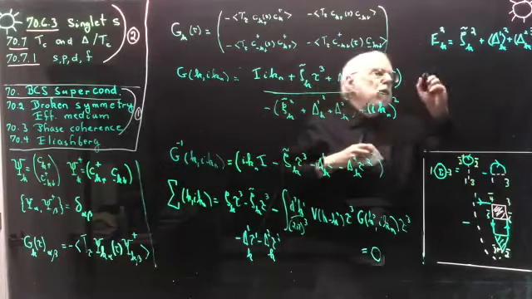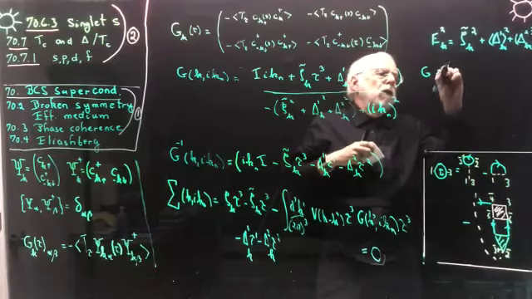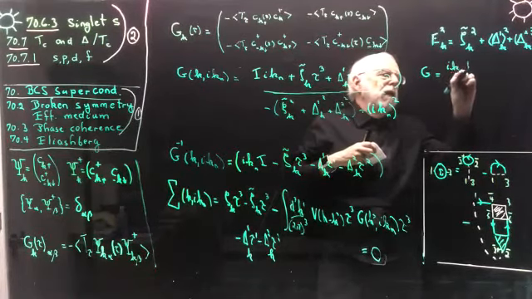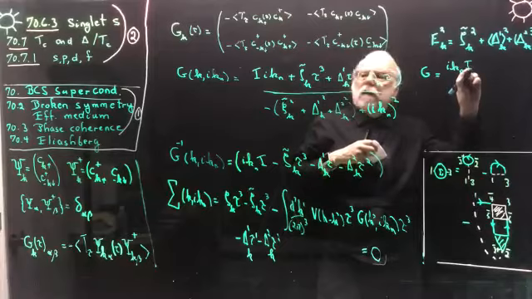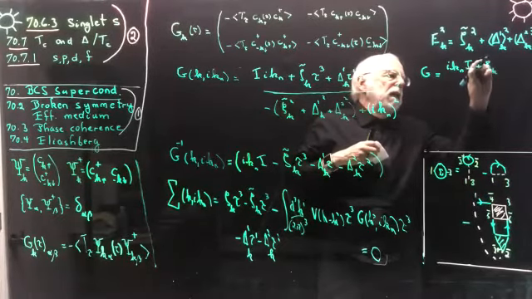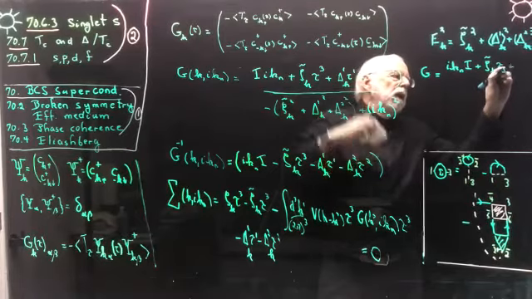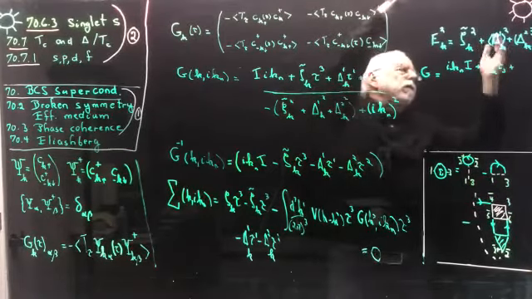So I will need G is equal to i k n I plus psi k tilde tau 3. And you will see in the end, I just need one or the other.